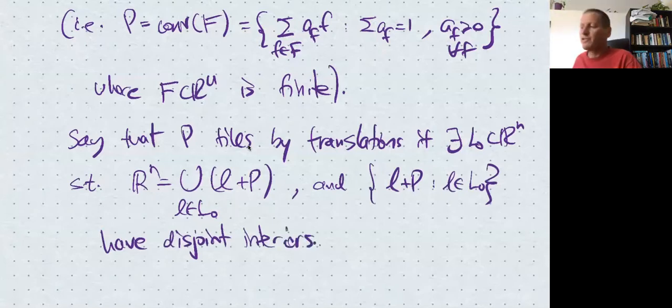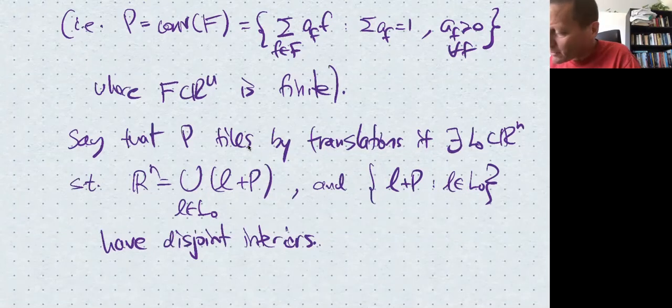We gave an example of this kind of situation where L0 happens to be a lattice and P is its Voronoi cell, or P is a fundamental parallelepiped or fundamental polytope. Then we get this situation that we're tiling by translations.